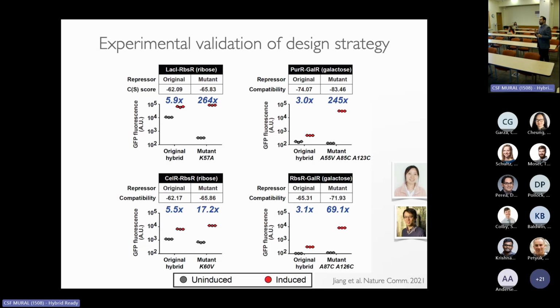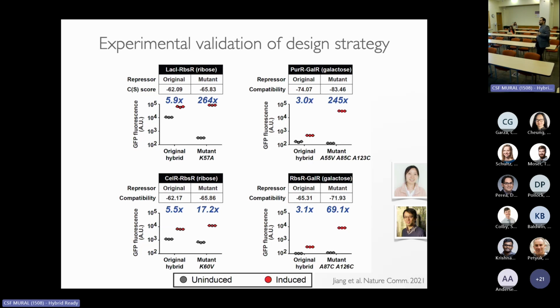So this transcription factor's ability to drive expression was, let's say, 5.9 when we use fluorescence to measure. But then a single mutant that had the best improvement in statistical energy led to a 264-fold increase in this transcription factor's ability to induce expression.